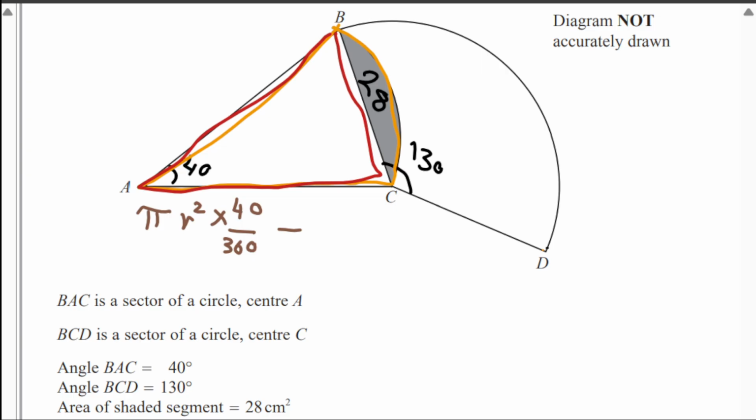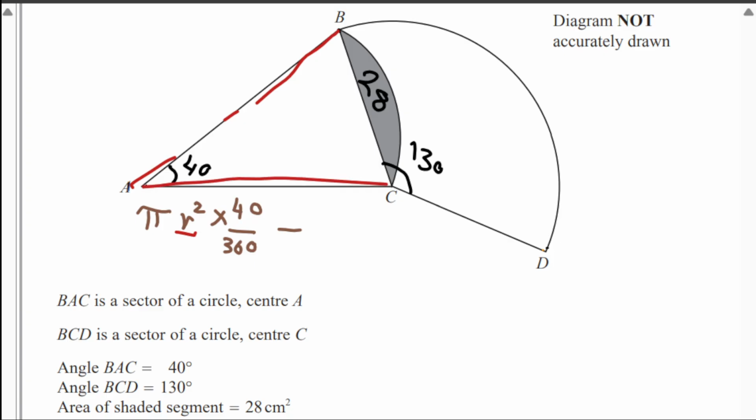But then, how do I find the area of the triangle? First of all, how did I find this r? I just assumed, because this is a radius, and this is also a radius, so I assumed this length is r, because the radius is equal on both sides. So if that's r, this is also r.